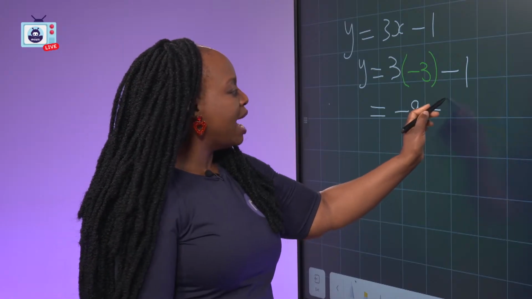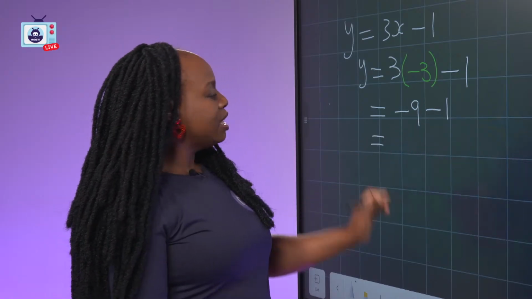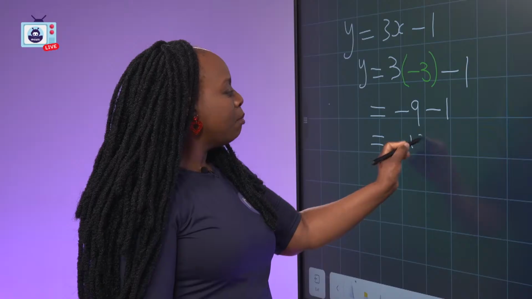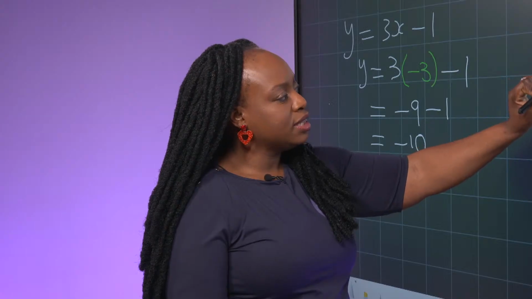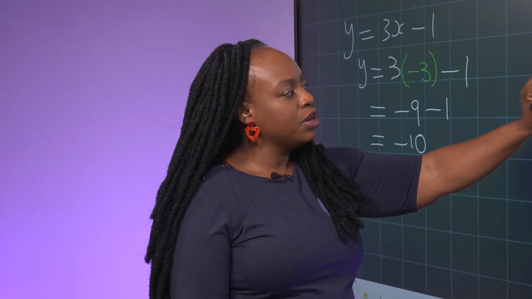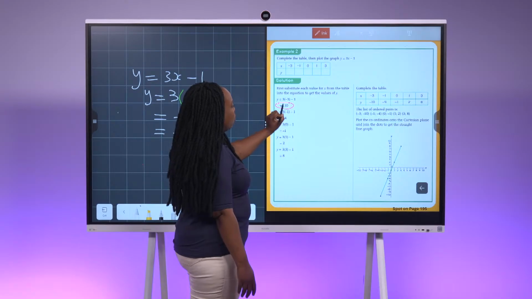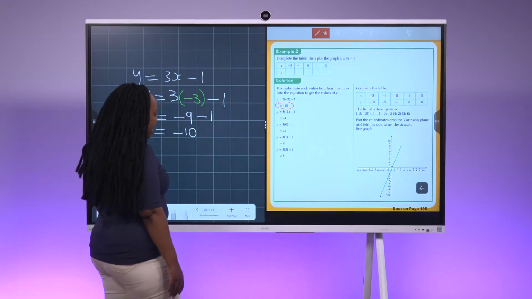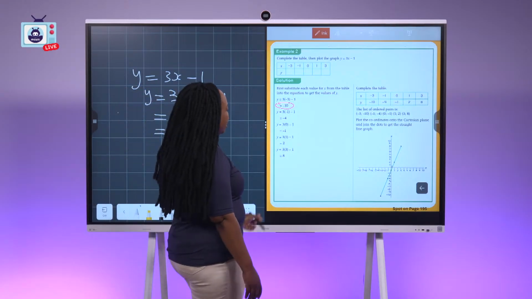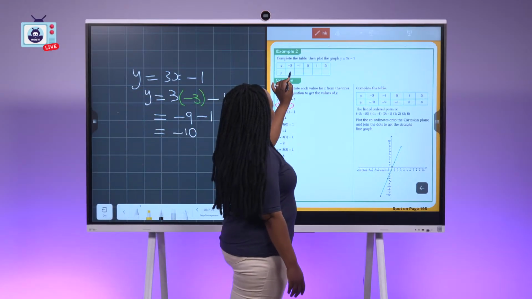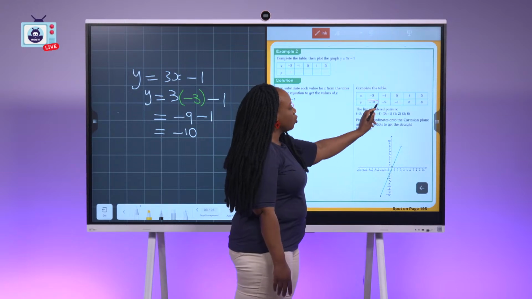Then we have our -1, which when you add them together, you're going to get -10. So that is why if you check here in our calculation, they did say that y equals 3 times bracket -3 minus 1, and then y equals -10. So this is the procedure that they are following. Then when you get to your -10, you fill it there, which is what is shown here.